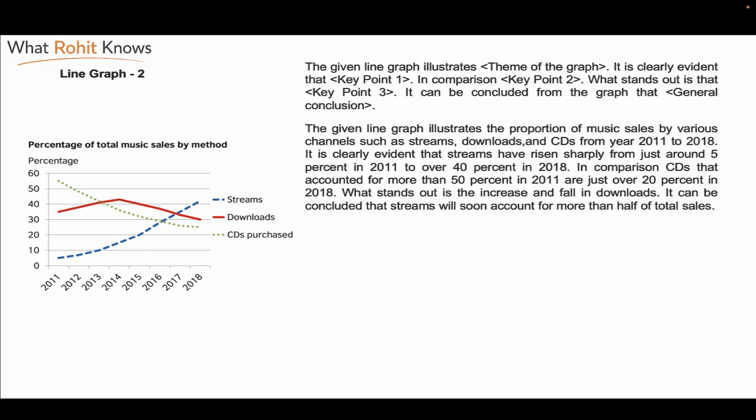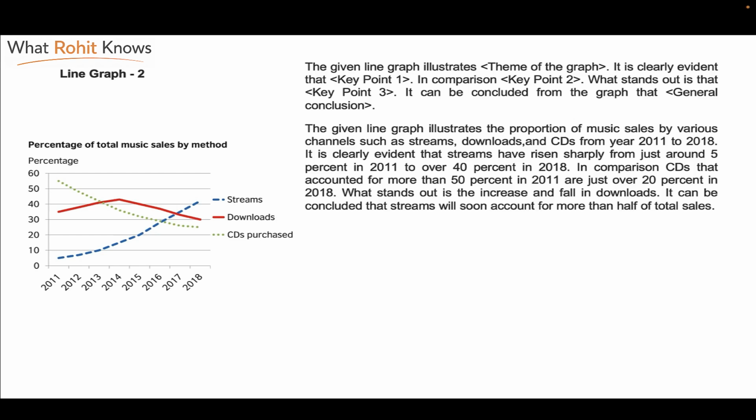The given line graph illustrates the proportion of music sales by various channels such as streams, downloads, and CDs from year 2011 to 2018. Now see, we have paraphrased it a bit. Instead of saying percentage as it is, I've said proportion, and then we have combined the channels, that is the methods, stream, download, and CDs, with the title to form one sentence.